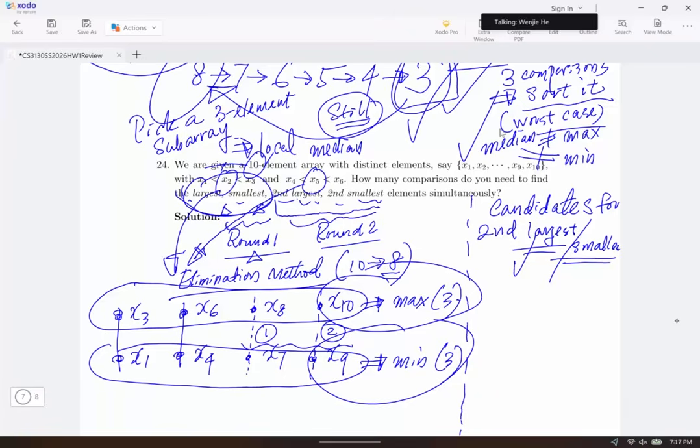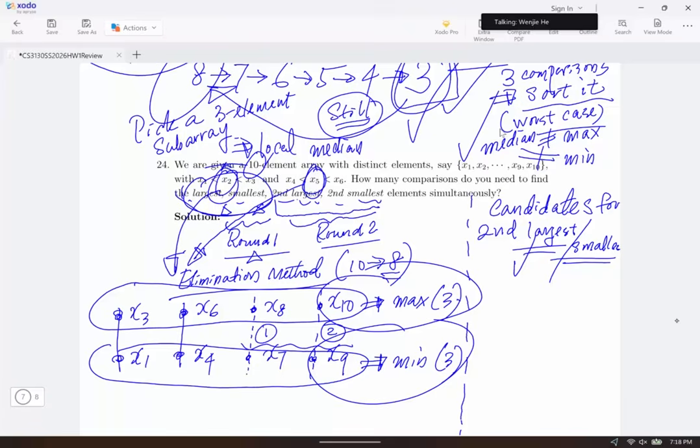Then let's look at all possible candidates. Should we bring back x2 and x5? In the first round, we eliminated these two elements for largest and smallest, but they are still qualified to be the second largest or second smallest. So when we consider candidates for the second round, we need to bring back x2 and x5 first.